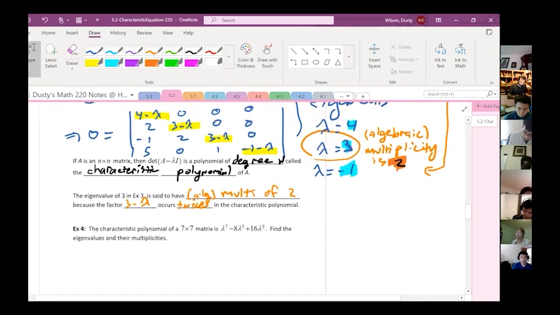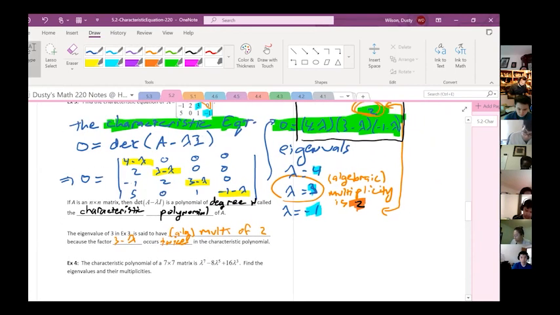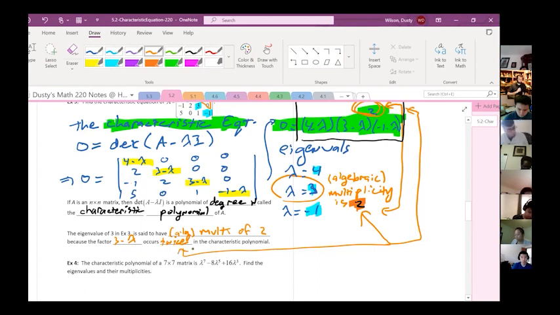And that twice is again this same 2 that we've got up above in the characteristic polynomial.